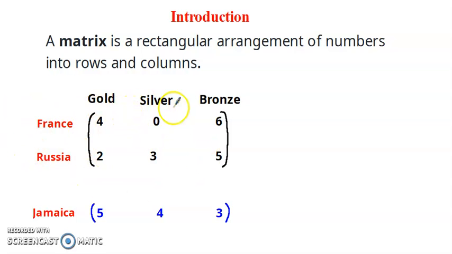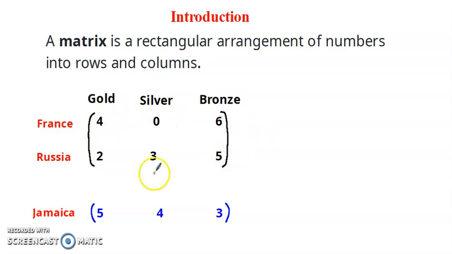Now let us look at this more basic representation. We're looking at Russia and France. Alright, so France got 4 gold medals, they got no silver medals, and 6 bronze medals. Russia got 2 gold medals, 3 silver medals, and 5 bronze medals.